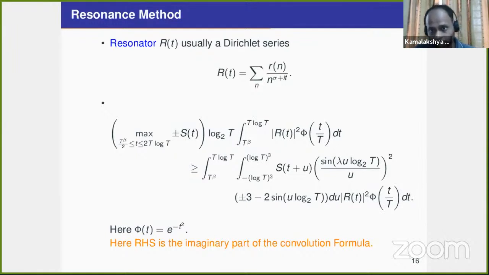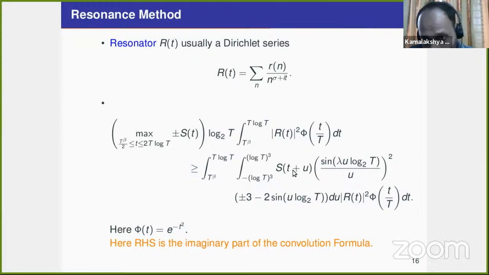So let's see what is happening over here. Suppose we want to calculate this, right? The positive and negative large values of S of t in some interval. Then let's consider this integral on the right hand side.